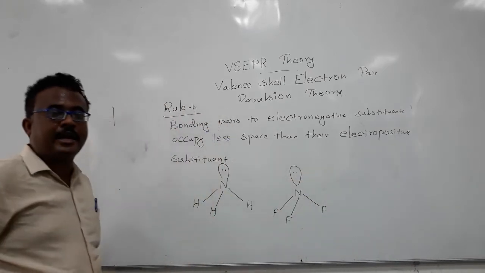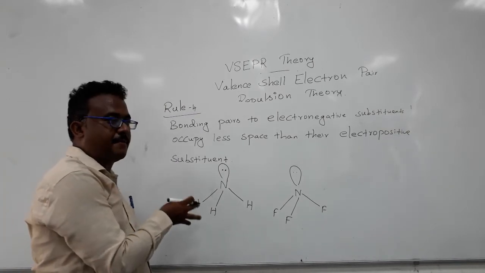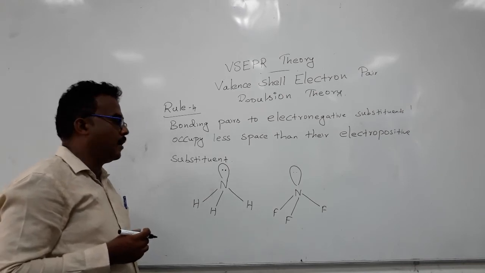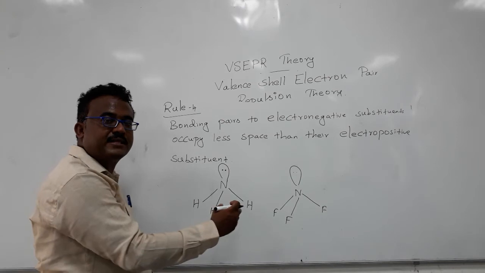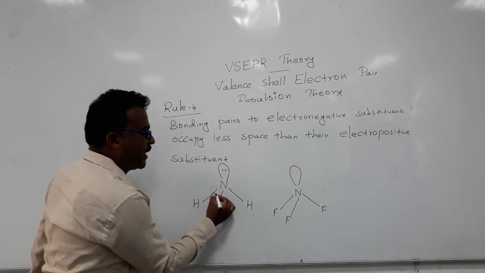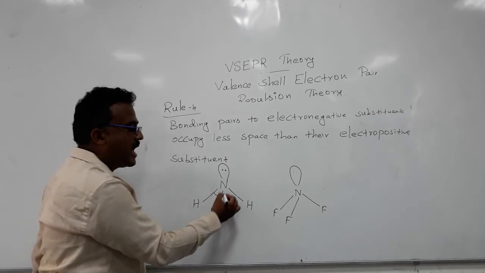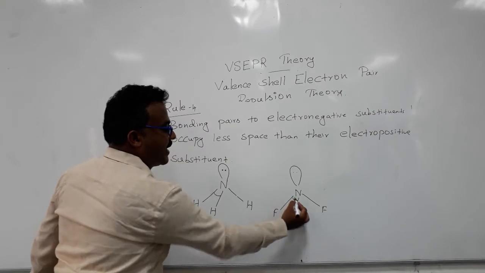Both have the geometry of tetrahedral. More specifically, the shape of the molecule will be pyramidal. But what happens to the bond angle? Will the bond angle in both cases be the same? No. The HNH bond angle of ammonia is higher than FNF. This bond angle is decreasing. Why?